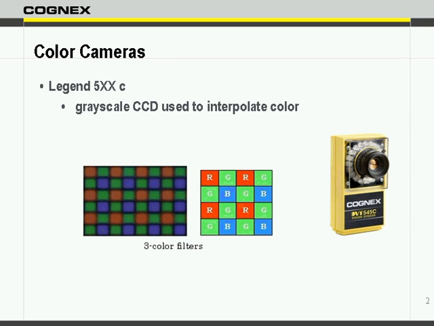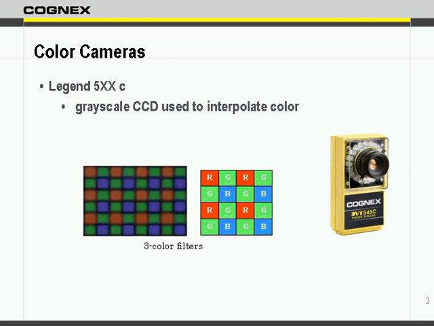Why is this important? This is important because these interpolations make it less accurate to perform precision measurements on a color camera.